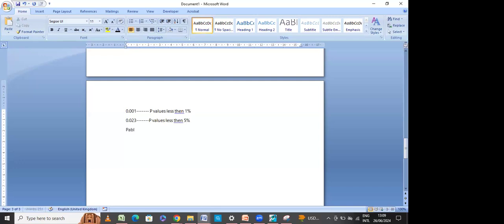P-value here 0.089, p-value less than 10%.